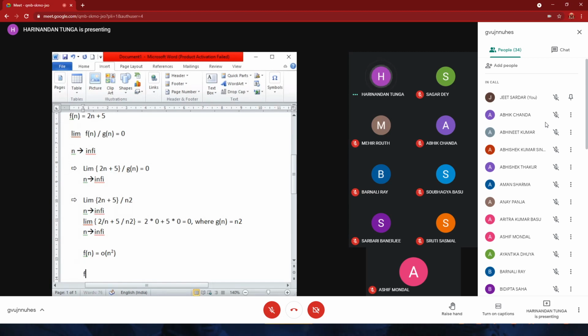Fn and gn two positive real functions. C is a constant, C greater than 0.